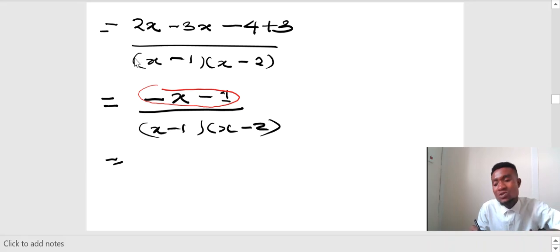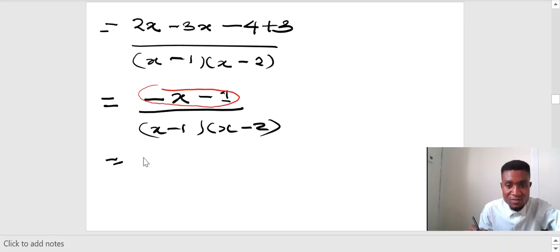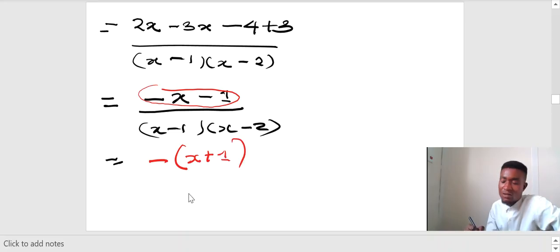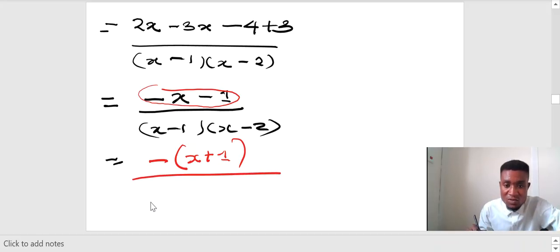I want to factor something out of this numerator. There is a minus here, there is a minus here. I can simply put this minus outside and put a bracket, and then write x, write plus, and write 1, over x minus 1, x minus 2.